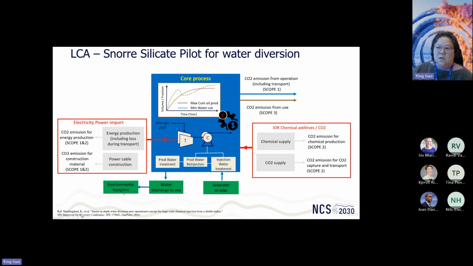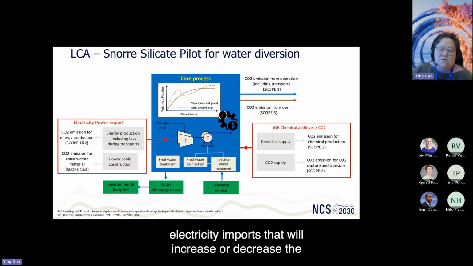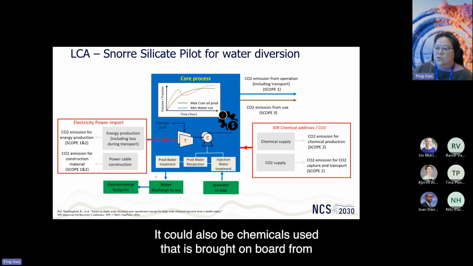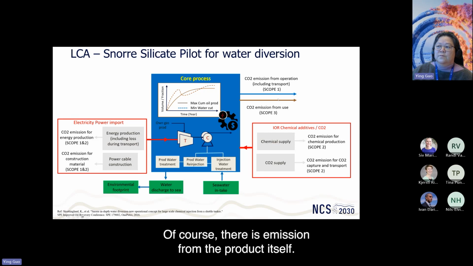In addition to the core process, it could also be electricity imports that will increase or decrease the emission. It could also be chemicals brought on board from other sources. Of course, there is emission from the product itself.